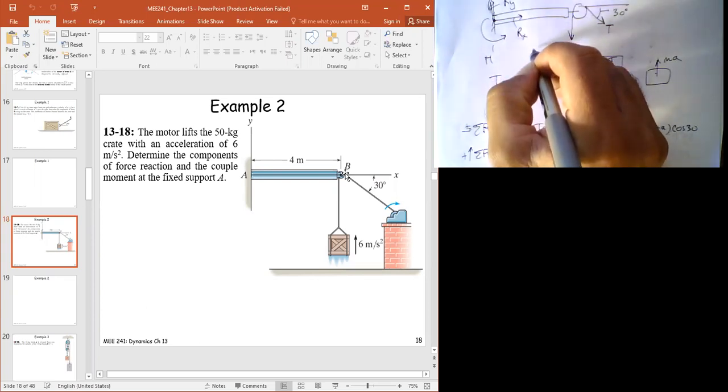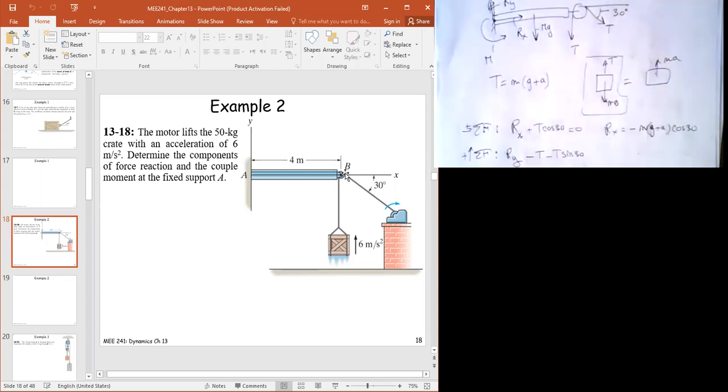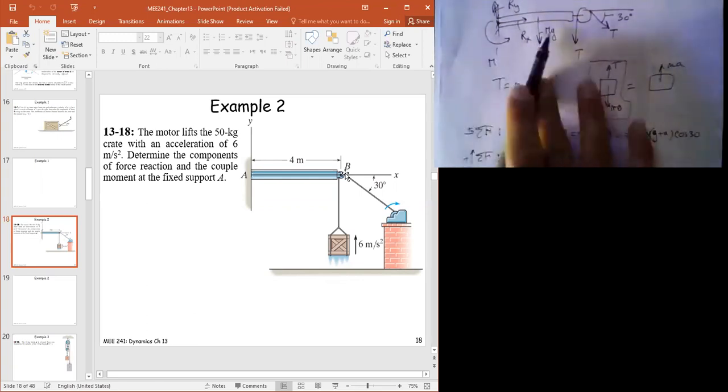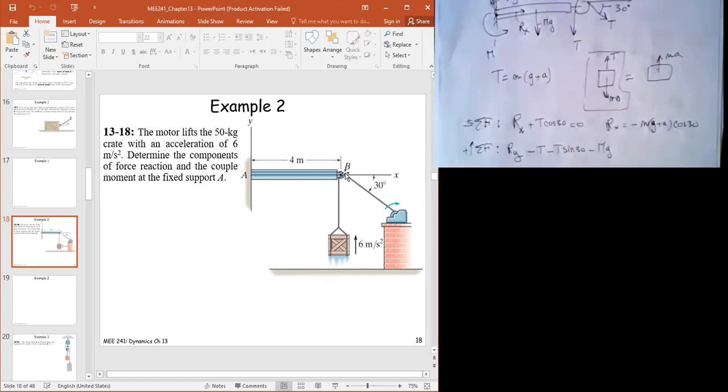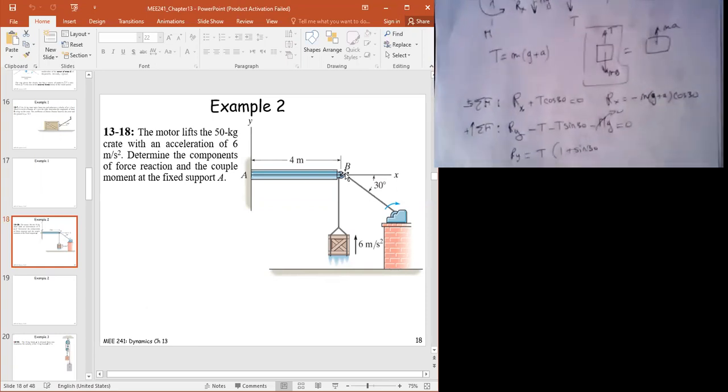If they gave you the weight of the beam, then you have to incorporate that, right? You need to add it, exactly, because the wall is also holding the weight of the beam in addition to these loads. So Ry minus T minus T sine 30 minus mg is equal to 0. Here it is 0. So Ry is equal to T times (1 plus sine 30).